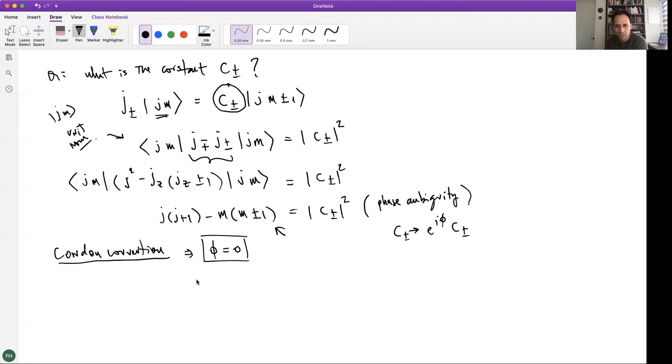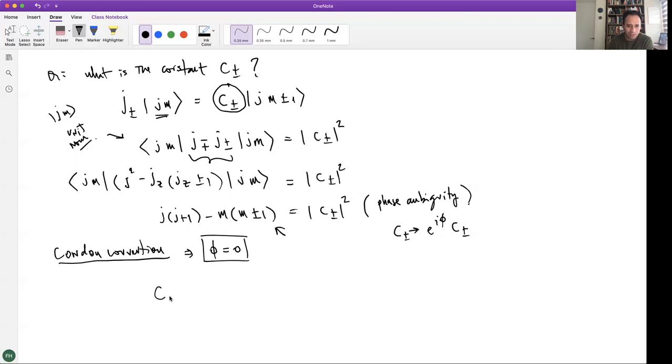Some people use a pi over 2 convention. So this is a purely imaginary number, and that complicates a lot of things when you work out the functions themselves, with eigenfunctions, with spherical harmonics, and the conventions for spherical harmonics. Now the safest route is to assume that all these quantities are real.